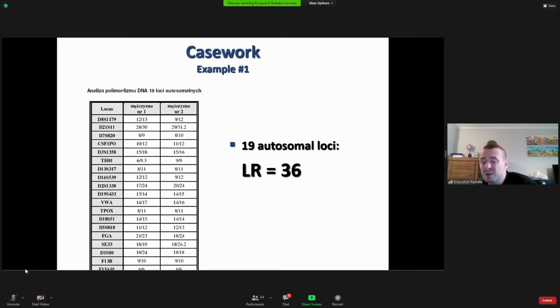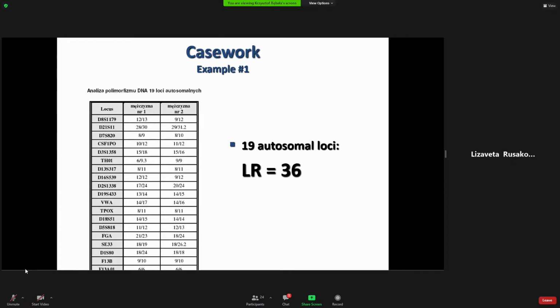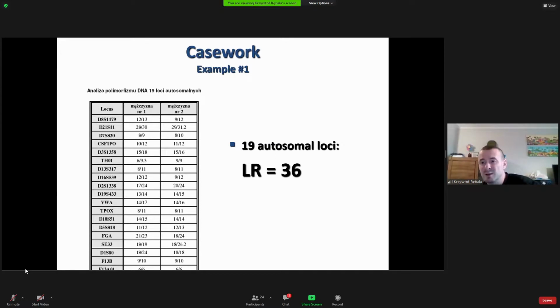So this is something which will not help us, unfortunately. What would help us in this case is to provide more evidence that they are half brothers, to increase the evidence value.